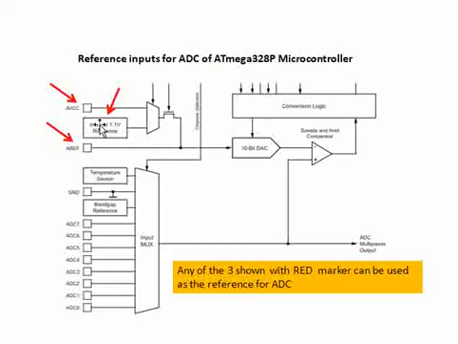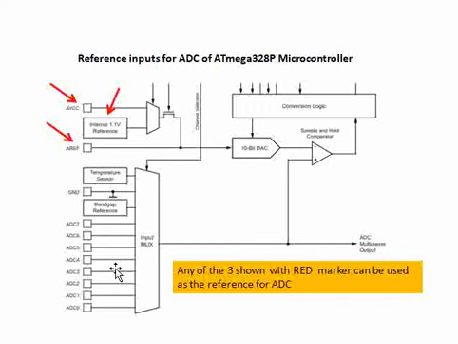So you can see, either of these 3 goes to the DAC as a VREF input. So what do you mean by maximum voltage? It is the maximum input voltage that can be read by this ADC, and it depends on the VREF.